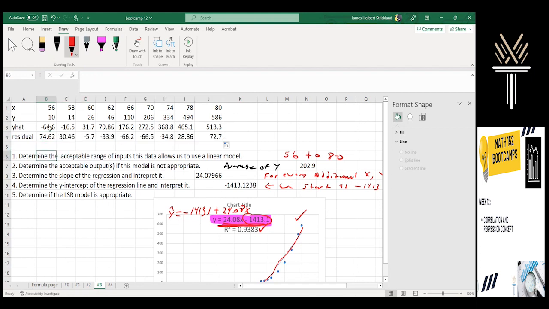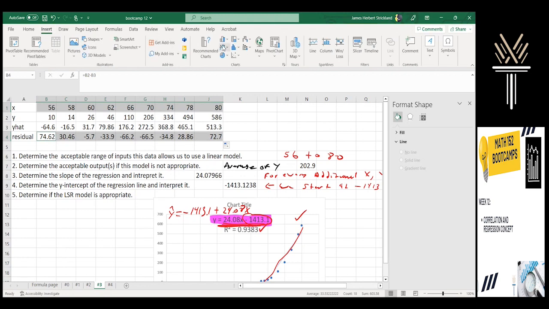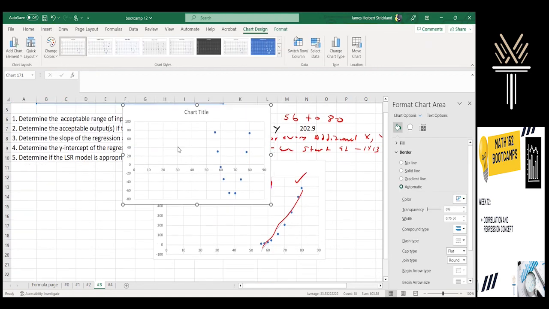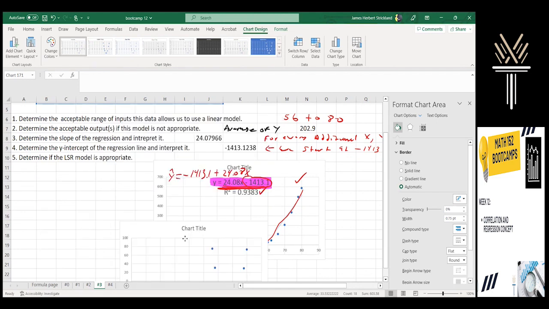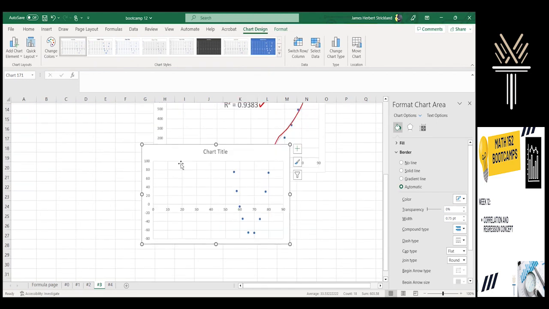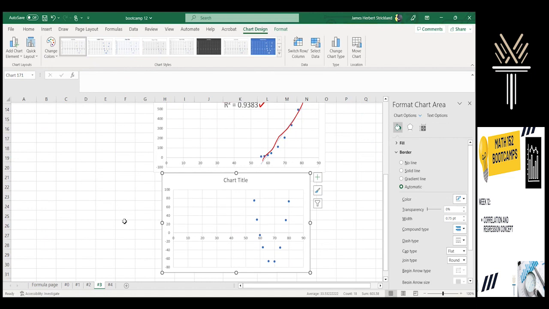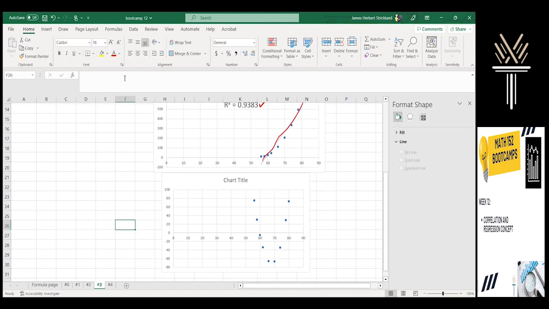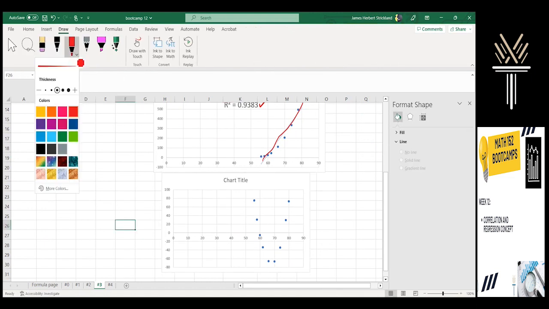And now we want to graph it, right? X values, control, residuals, insert, scatter plot. And uh-oh, look at that residual. What's wrong with this residual? Well, that's very much a pattern, right? We cannot have patterns on our residuals.